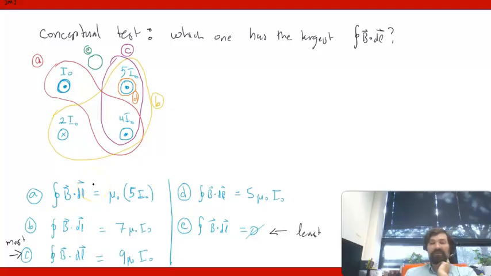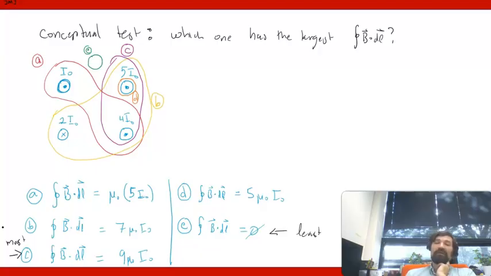Note that in none of these cases does this integral depend only on the strength of the field or the proximity of the loop to the wire. It does depend upon that, but it also depends upon the alignment between field and loop.